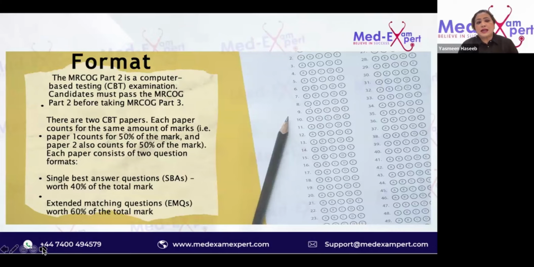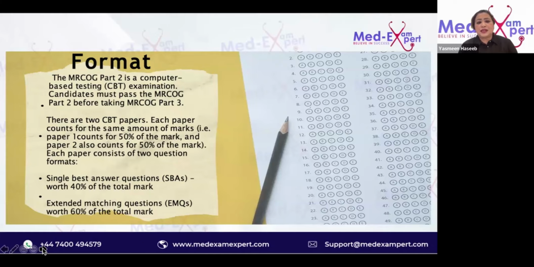Now, you should understand the format of the exam. This is a computer-based testing examination, and the candidate must pass the MRCOG Part 2 before taking the MRCOG Part 3 exam. There are two computer-based papers, which are single best answers as well as extended matching questions.